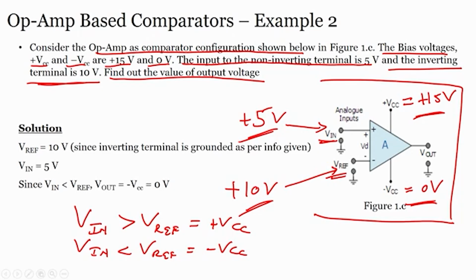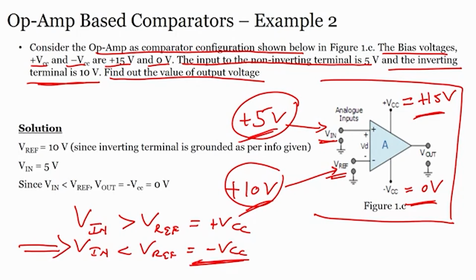If V in is greater than V ref or V in is less than V ref, then we can understand that the second condition is proper, which is V in is less than V ref, right, 5 volts is less than 10 volts. That is why we have to consider the second condition, and our answer should be minus VCC.